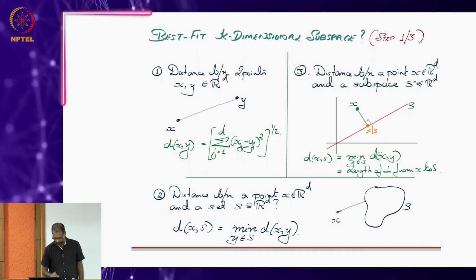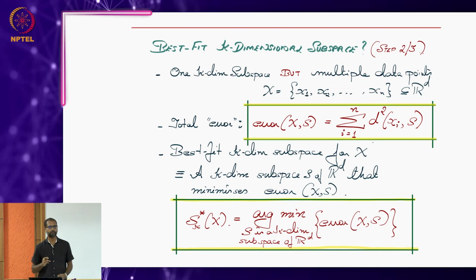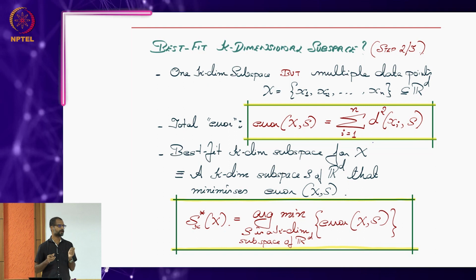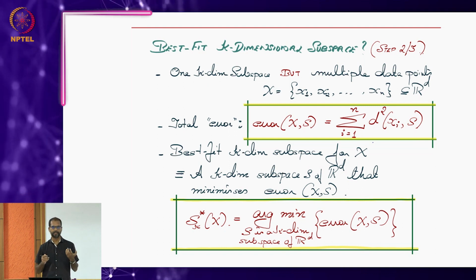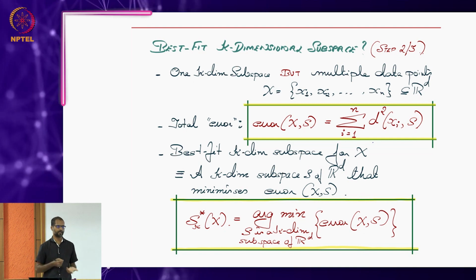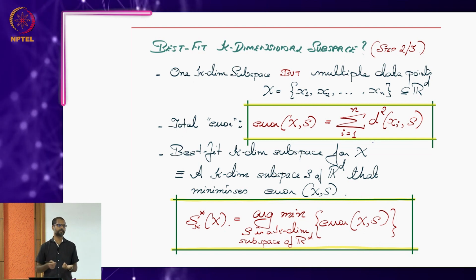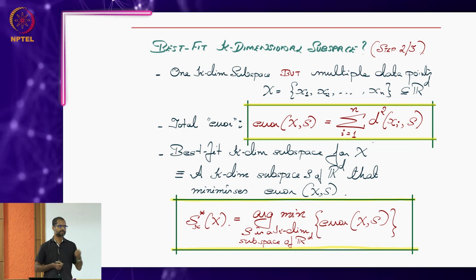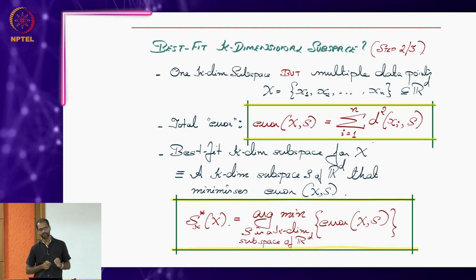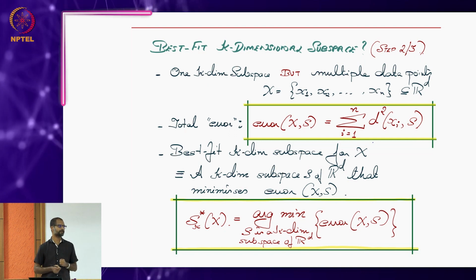Okay, so the error that we are talking about now, remember, is a function of two arguments. One is the data collection, the data set X itself, and S is some subspace. Okay, some k-dimensional subspace in a d-dimensional ambient space. The total error of the data points to this subspace is just the sum of these squared Euclidean distances.